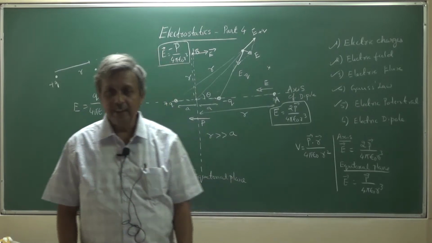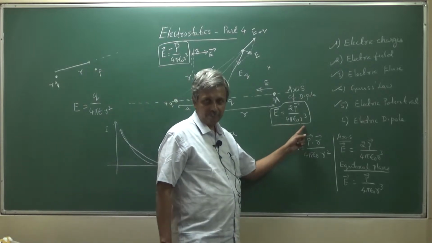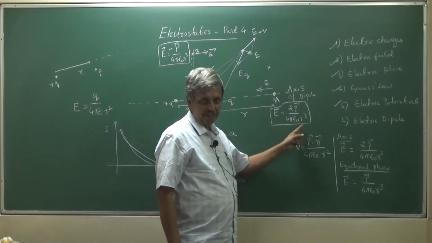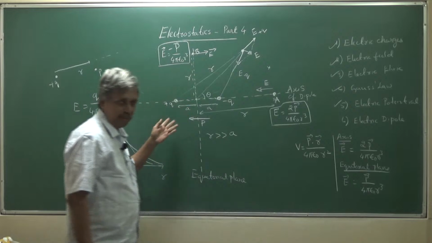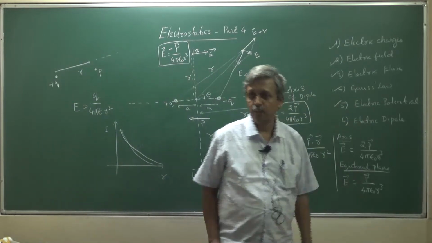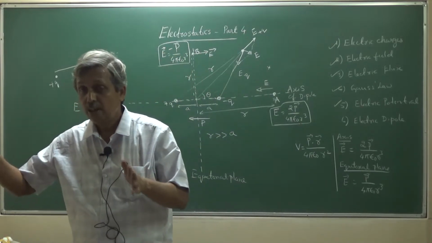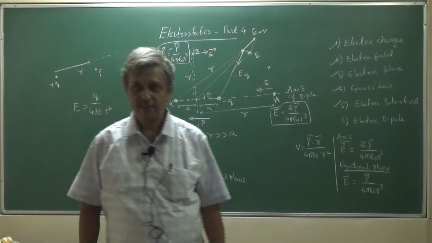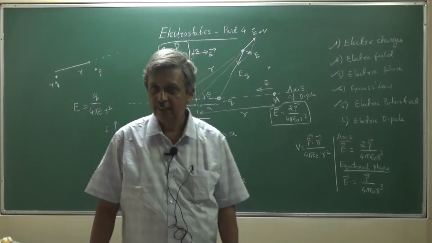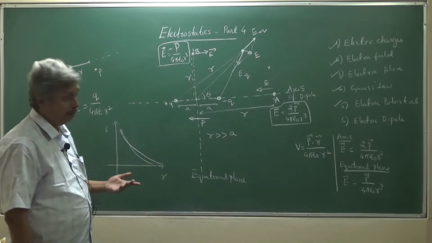Electric field drastically reduces because of the cube. Just three times the distance, and it will decrease 27 times. That is how the electric field for a dipole behaves.